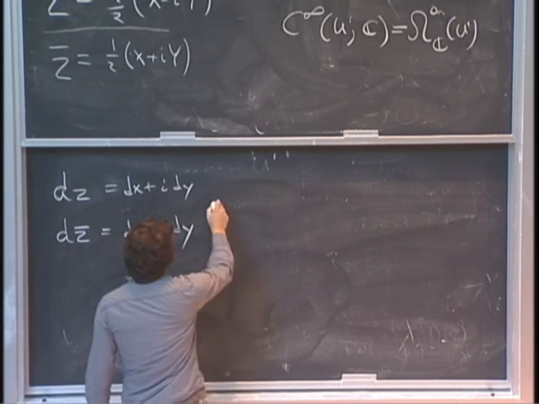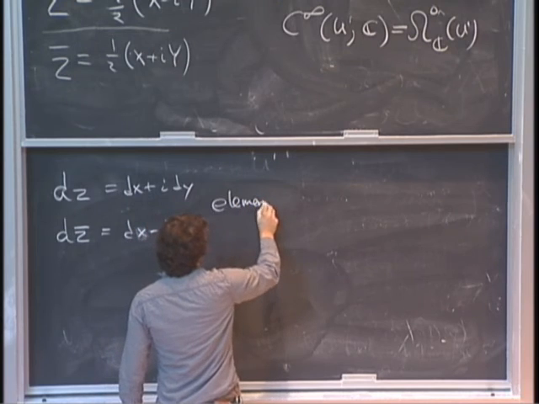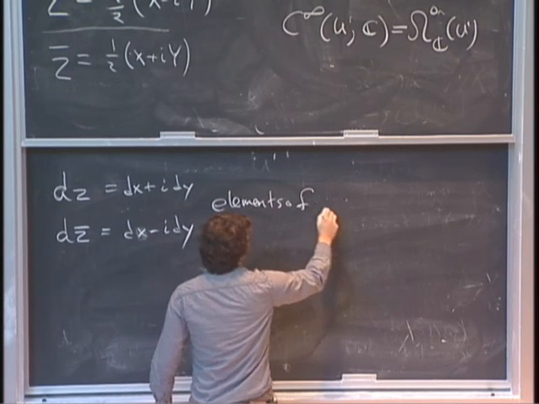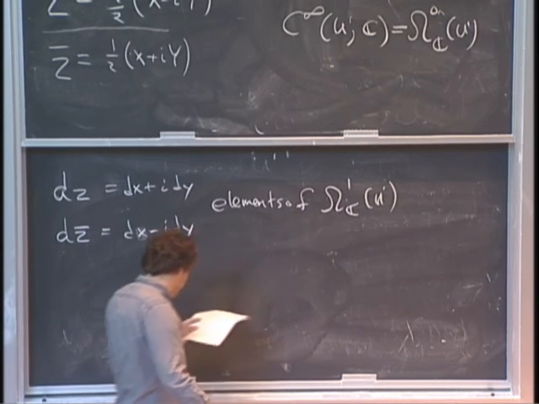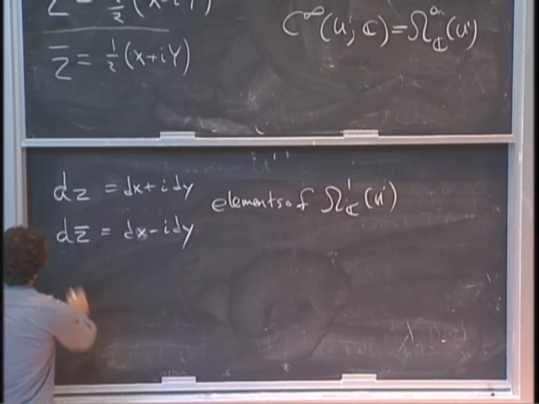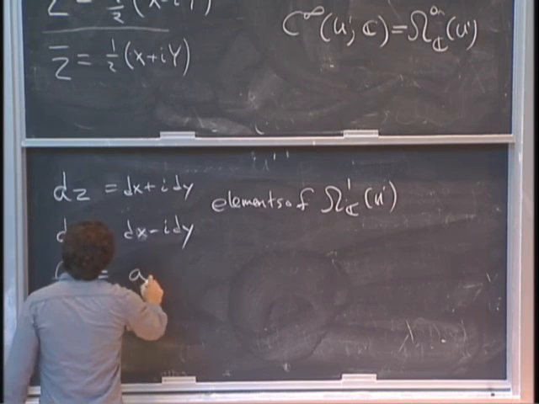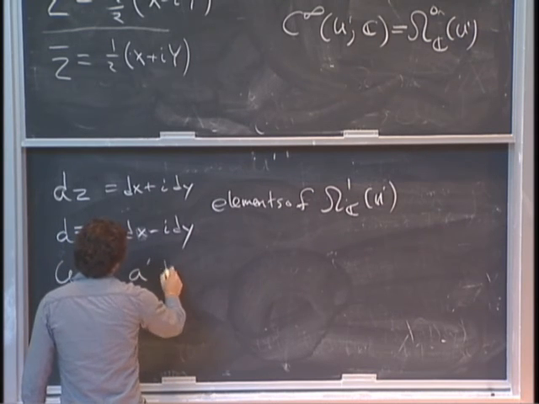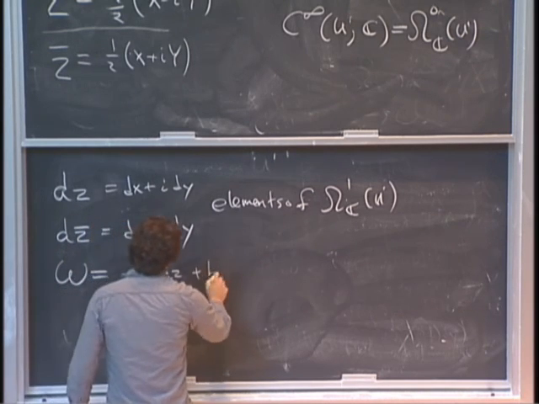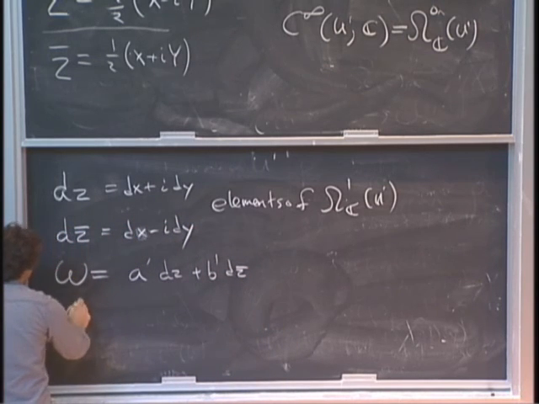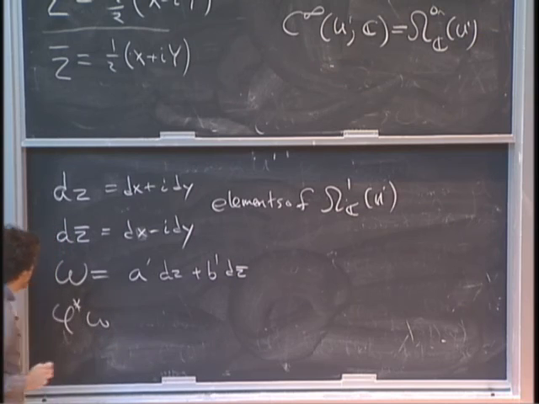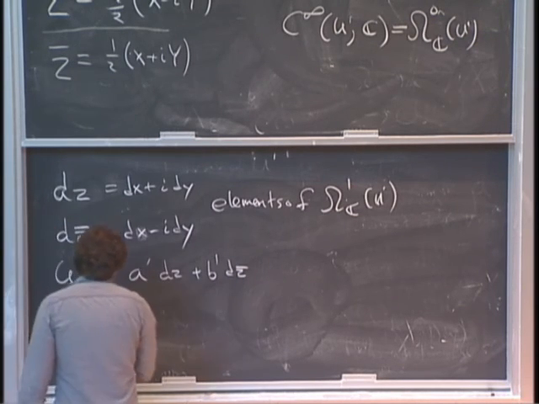So in general, if we write an element ω equal to A′ dz plus B′ dz bar, we can wonder what happens when we pull back ω by this diffeomorphism φ.